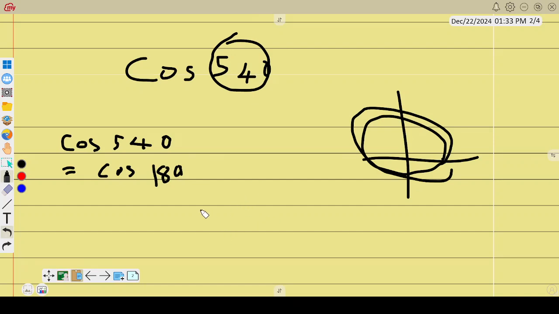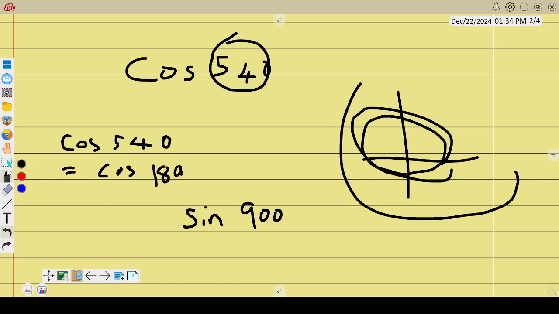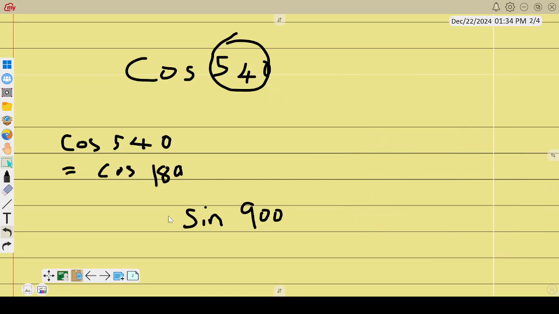Sometimes you can be given a very, very, very funny angle. Like they can tell you, can you evaluate sine 900? Okay, so 900 is a very, very big number. So what you do, you simply say 900 minus 360.